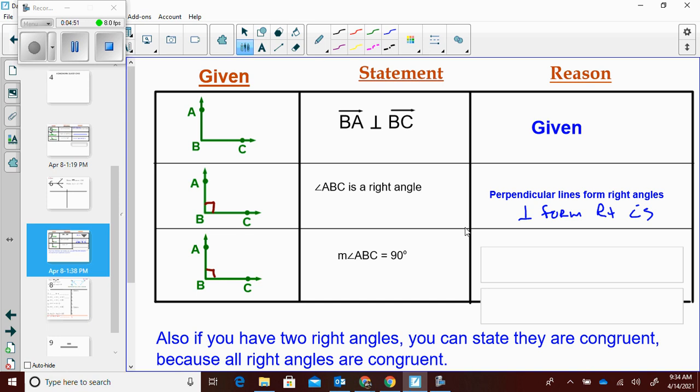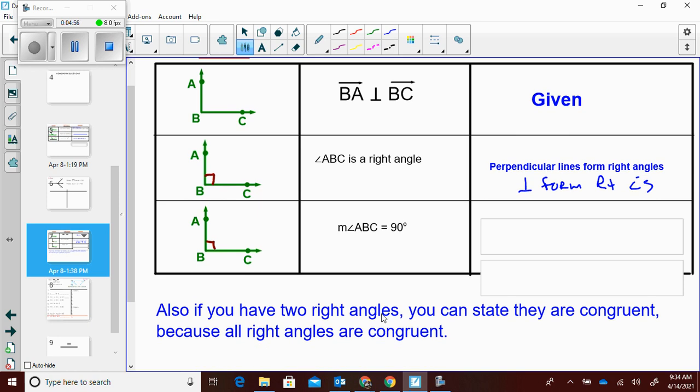Say I want to prove two angles are congruent. If I just show they're both right angles, I can say they're congruent because all right angles are congruent. So once you're perpendicular, you have to state it's a right angle. You may stop right there and say that it's congruent to another right angle. Or you may need to know it's 90.